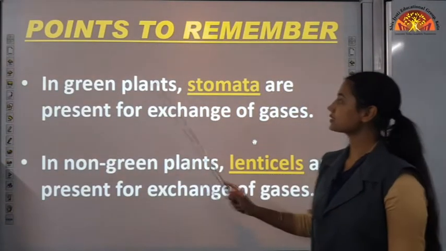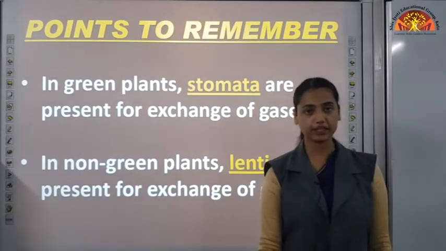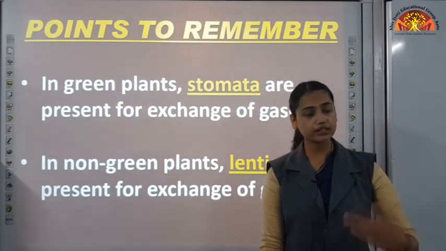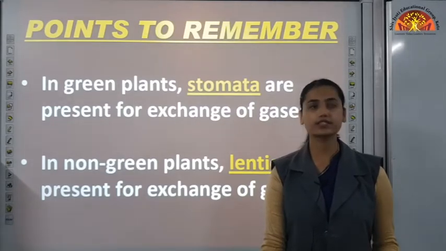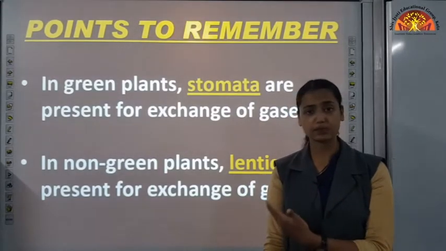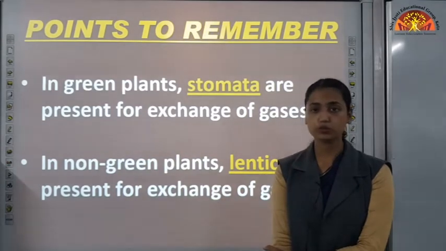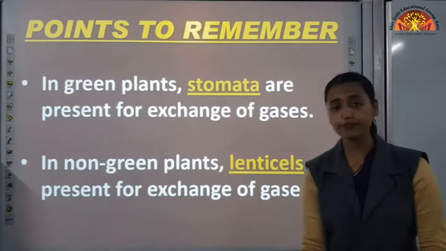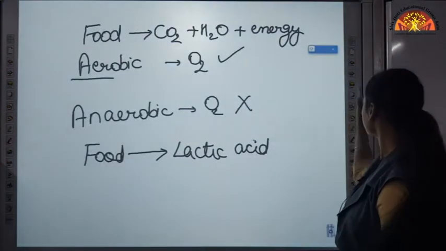In green plants, stomata are present for exchange of gases. Like we human beings respire, other organisms also respire. So what about plants? Do they have gills? Do they respire by diffusion, or do they have lungs? No, they have nothing like that. They have stomata present on the leaves. And what are stomata?